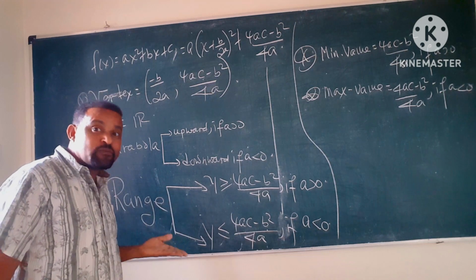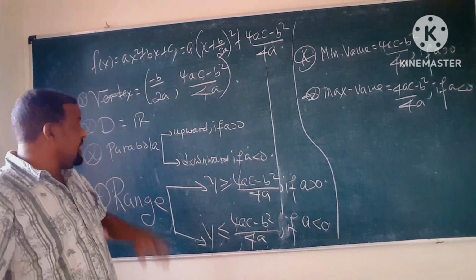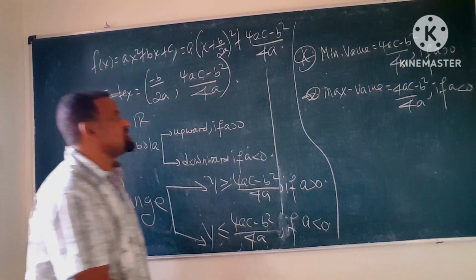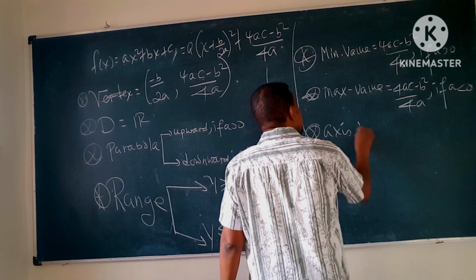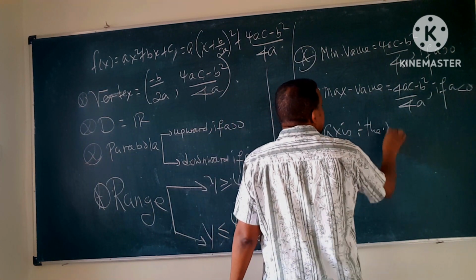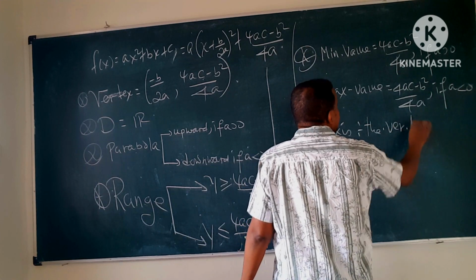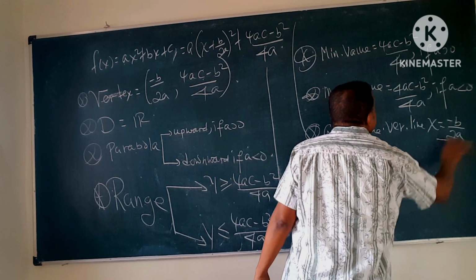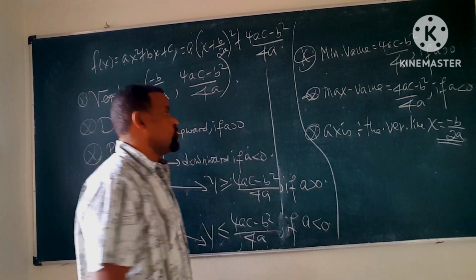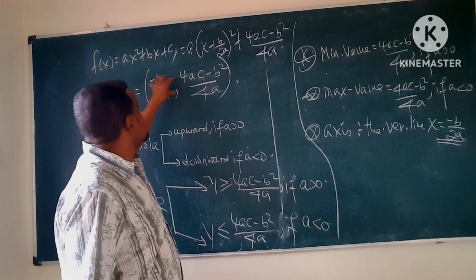So our axis is the vertical line x equal to negative b over 2a, and that is the vertex.